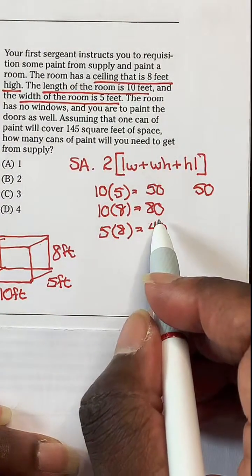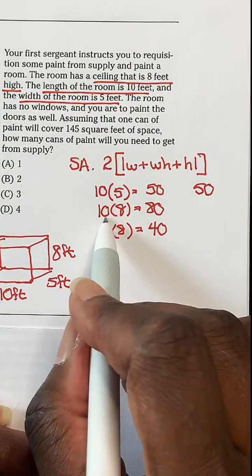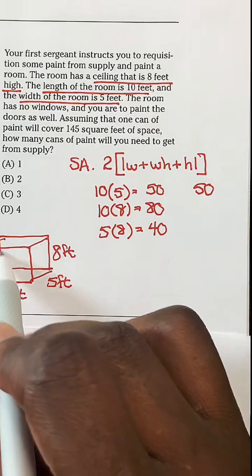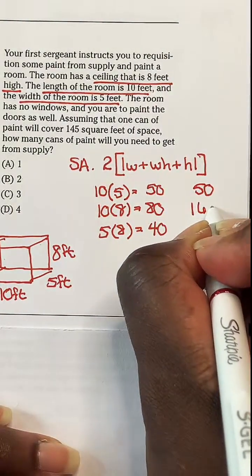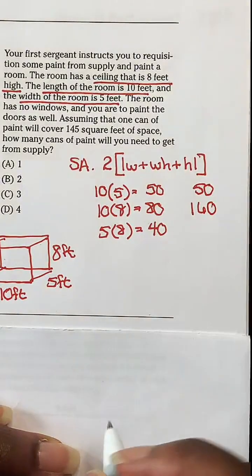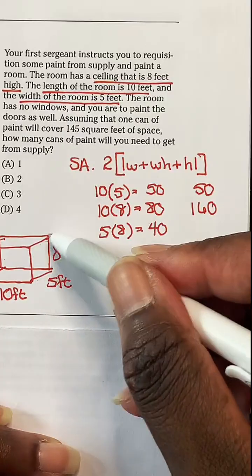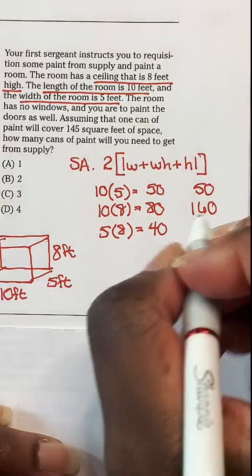So now we have our sides when it comes to the 10 and the 8. So this will be this wall and this back wall. If I multiply those 2 by 2, I'm going to get 160. Then we're going to have this 5 times 8 and this part of the wall 5 times 8.